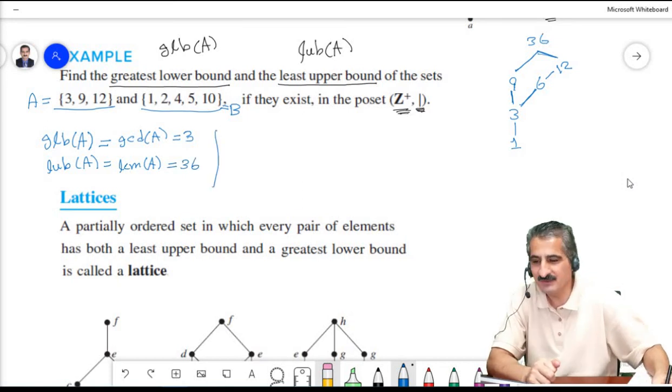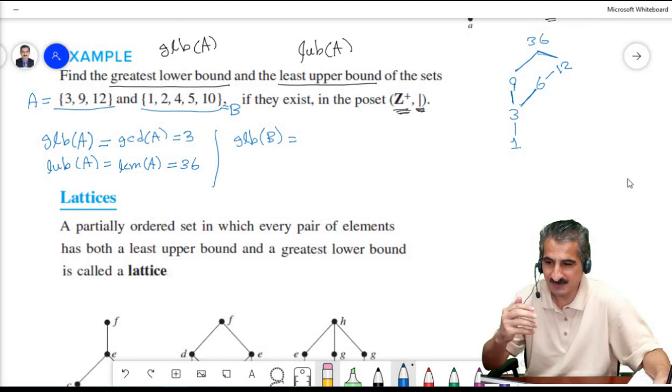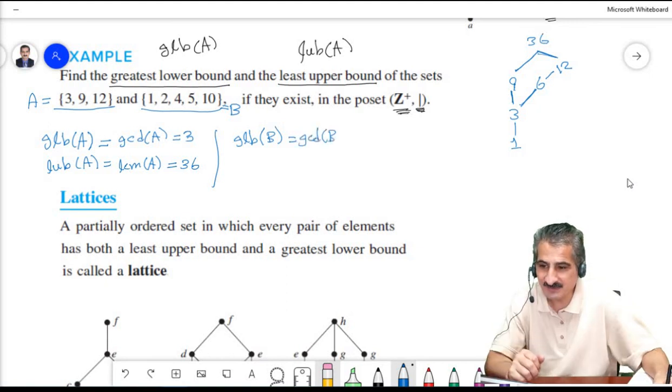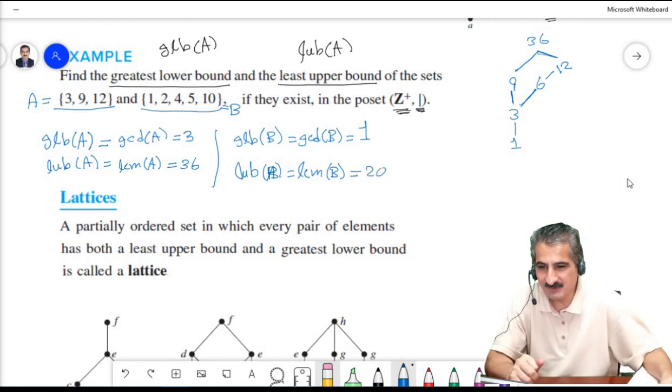Now when you are given a set of integers with division relation, then you can quickly decide the greatest lower bound, which is the greatest common divisor of elements of B, and you can find it as 1. And the least upper bound is the same as the least common multiple of the elements in B, which comes out to be 20.